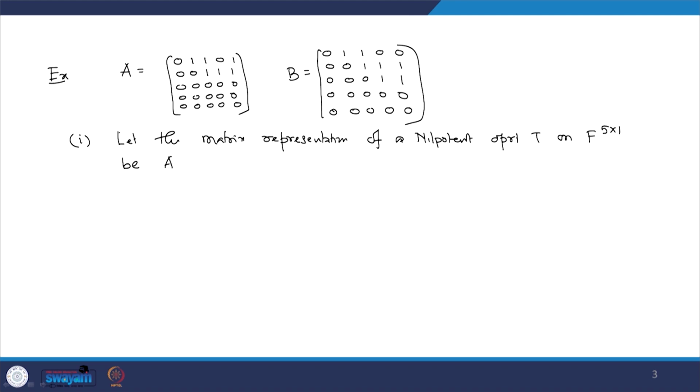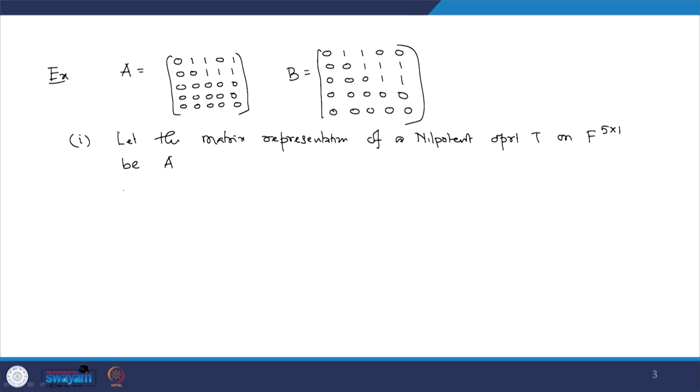Now, for the case of A, let us see how the operator T whose matrix representation is A has a block diagonal matrix representation. This is again an example we are using to check the theorems we have discussed.